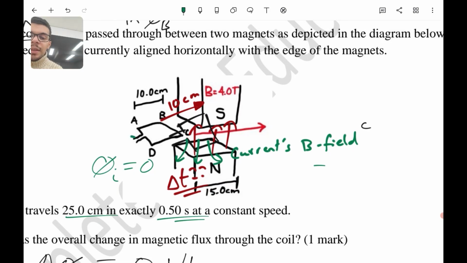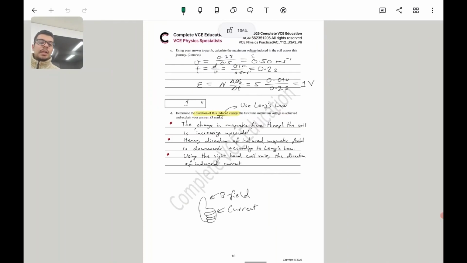And so therefore the current is going to be flowing from A to B to C to D. Since the corners have been given these labels, we should define the direction using the letters A, B, C, D.